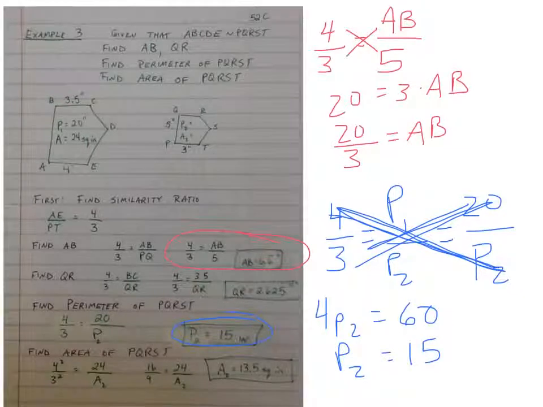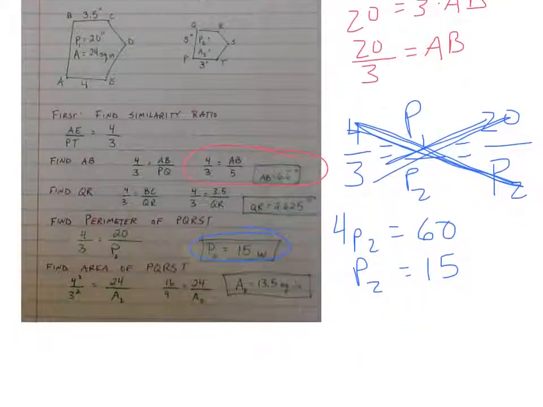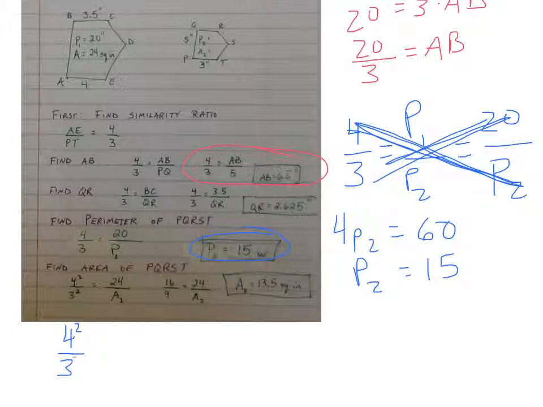Moving further down to find the area of the pentagon, our similarity ratio is no longer 4 to 3, but instead 4 to 3 squared, or 4 squared to 3 squared. So we just square the top and bottom. We had 4 to 3, but the areas will have a similarity ratio of 4 squared to 3 squared, which is 16 to 9.